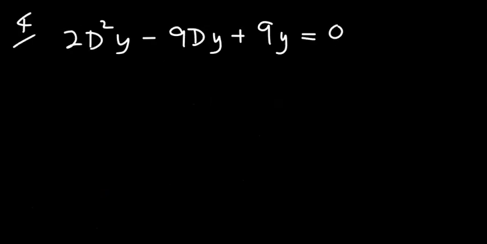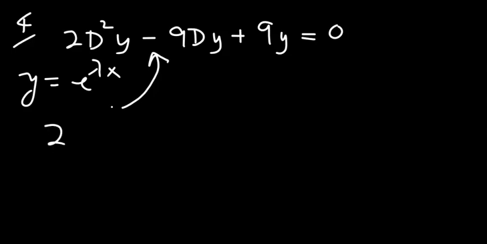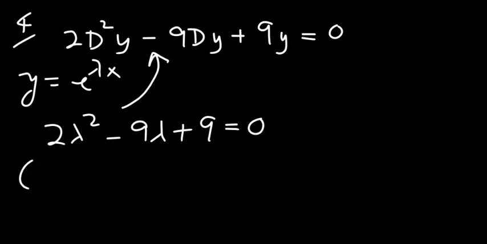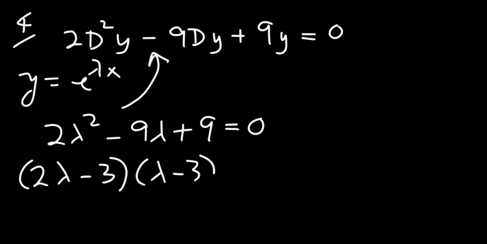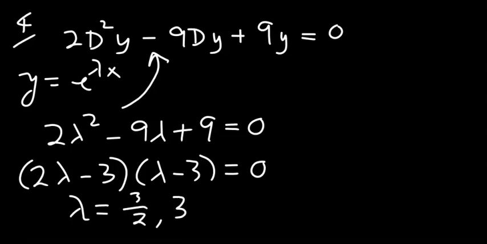Example 4. First, as always, we assume the solution of that form. Substituting this in here, we get the auxiliary equation, which is 2 lambda squared minus 9 lambda plus 9 equals 0. We can certainly factorize the above equation in the following form: 2 lambda minus 3 times lambda minus 3 equals 0, the solution of which would give you lambda equals 3 over 2 and 3.